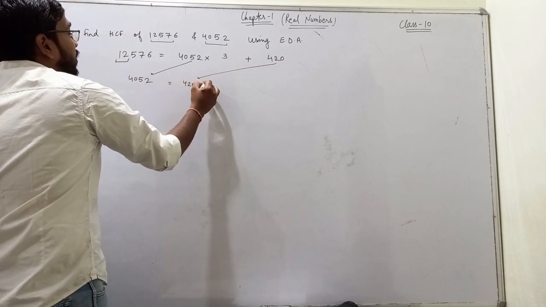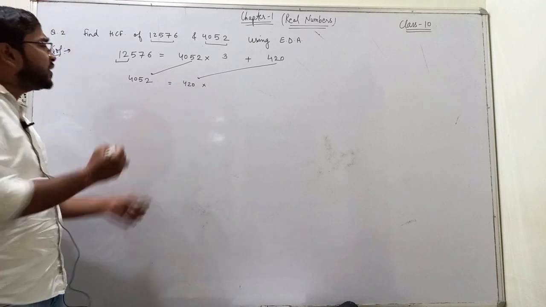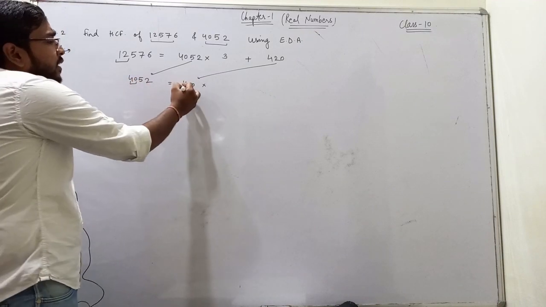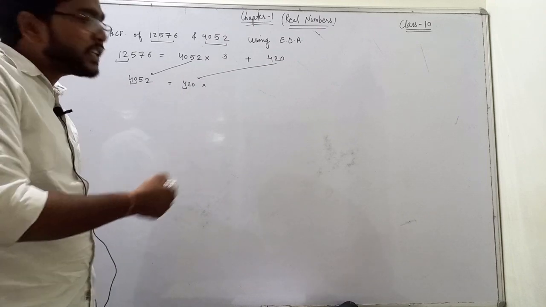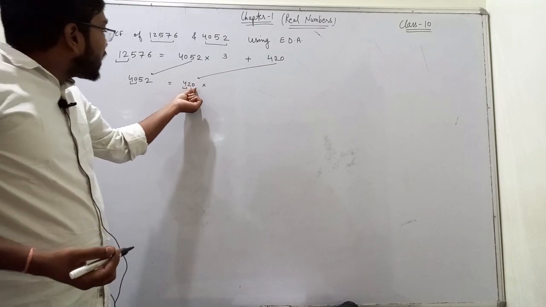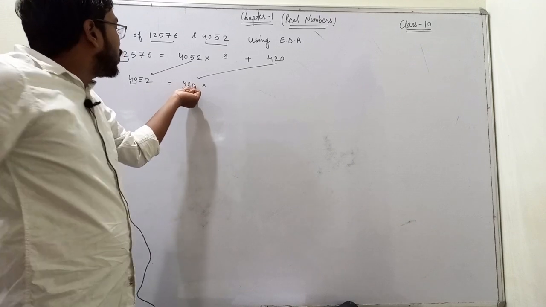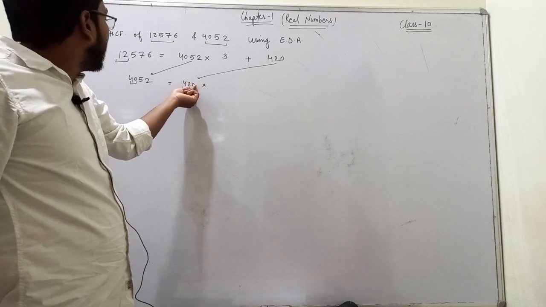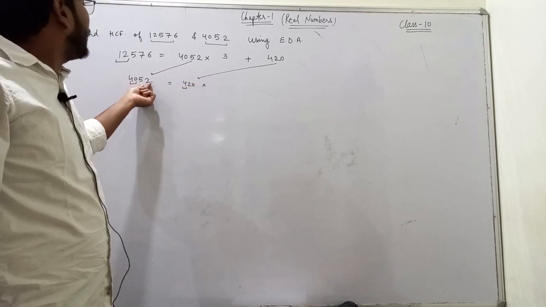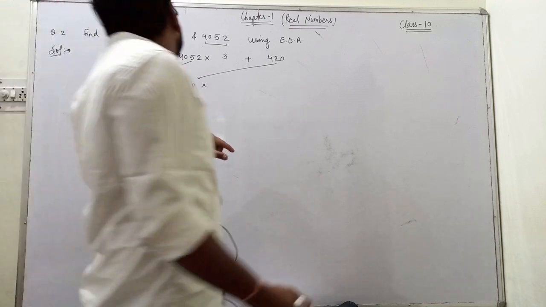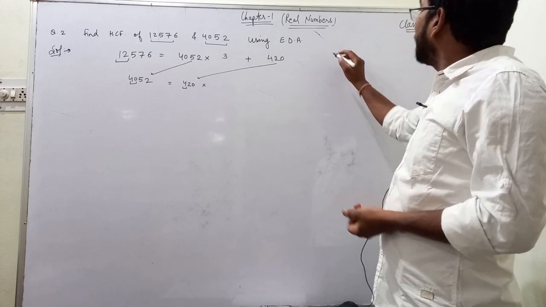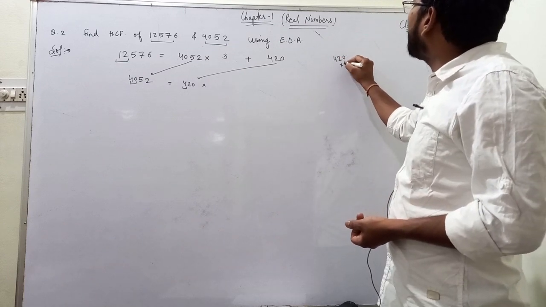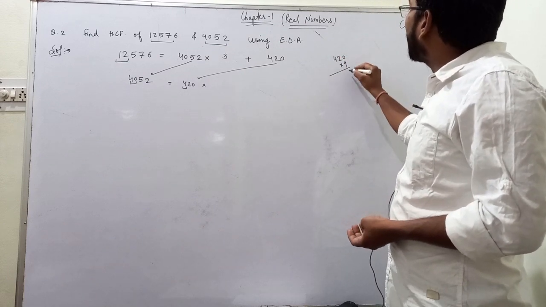Now I can see the starting two digits are 40 and here the starting digit is 4, and we know that 4 tens is 40, but the last two digits here are 20, and if 20 is multiplied by 10, it will be much greater than 52. So instead of multiplying it by 10, we shall try to multiply 420 by 9. If I multiply 420 by 9, what do I get?